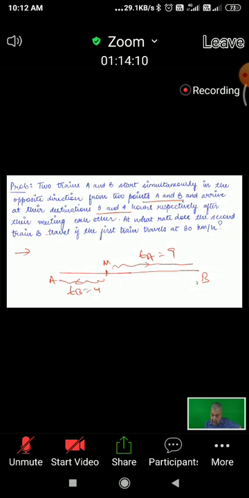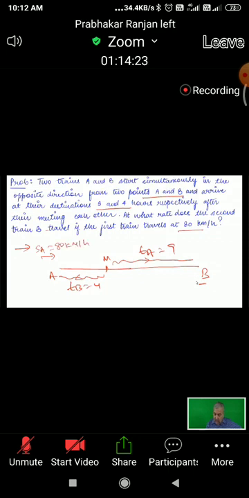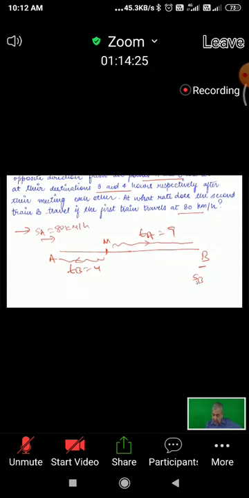Now, at what rate does the second train B travel if the first train travels at 80 km per hour? Means the speed of A is 80 km per hour. We have to find the speed of B.